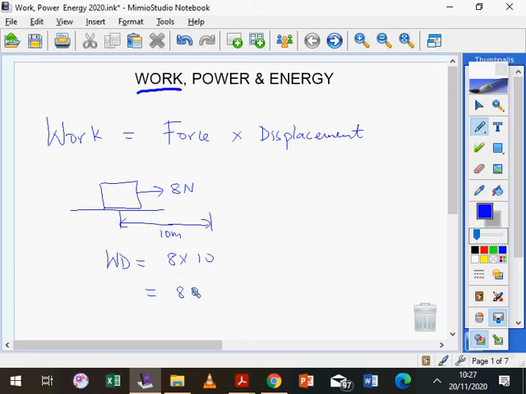The units for work are joules. 8 is the force, so that's newtons, and 10 is the distance, so that's meters. So it's technically supposed to be newton meter, but it was named the joule in favor of the scientists who discovered this relationship long ago.